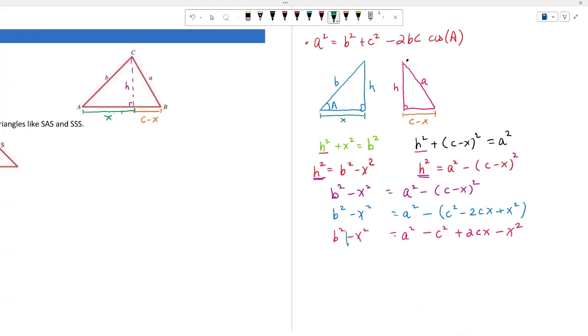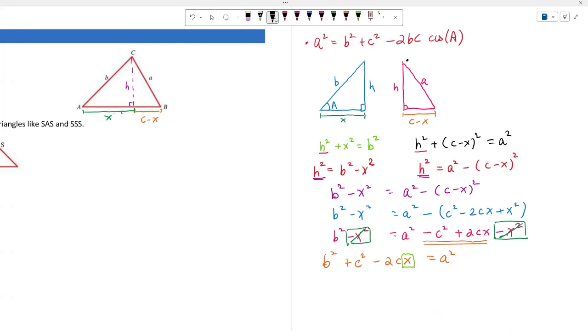You will see that this negative x squared and this negative x squared we could cancel. Now I would like to move these two terms from the right to the left. So I will have b squared plus c squared minus 2cx is equal to a squared.